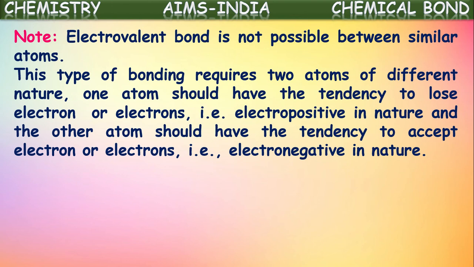So mostly ionic bond is formed between two different kinds of atoms, one electropositive and the other electronegative. The atom with electropositivity will lose one or more electrons, and the atom with electronegativity will gain those electrons, and hence they form oppositely charged ions. The attraction formed between them we call ionic bond or electrovalent bond.